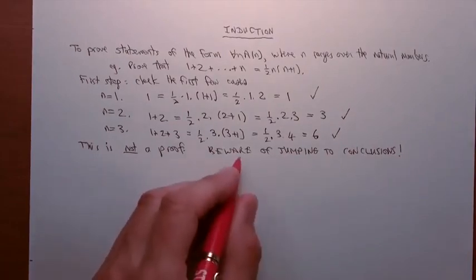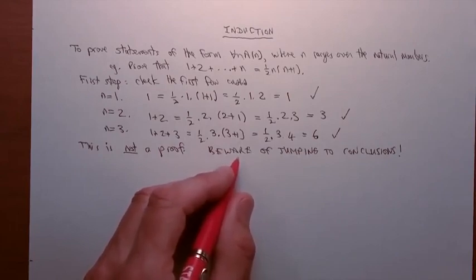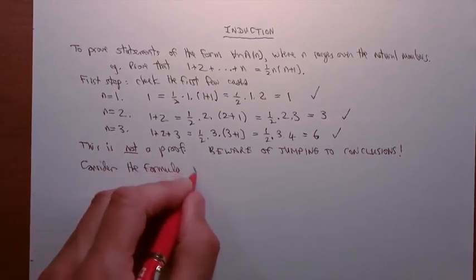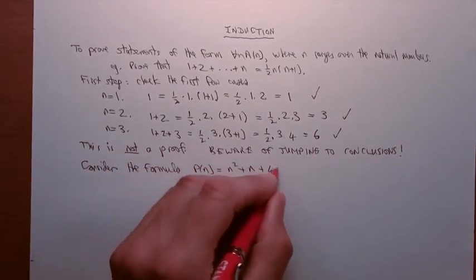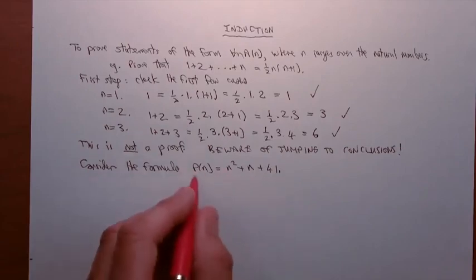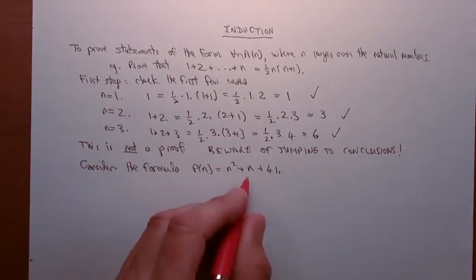And to drive this point home, let me give you an example where if you jump to conclusions, you'll come to the wrong conclusion. Consider the formula P(n) equals n squared plus n plus 41. If you start working out values for this formula, you'll find something rather interesting.